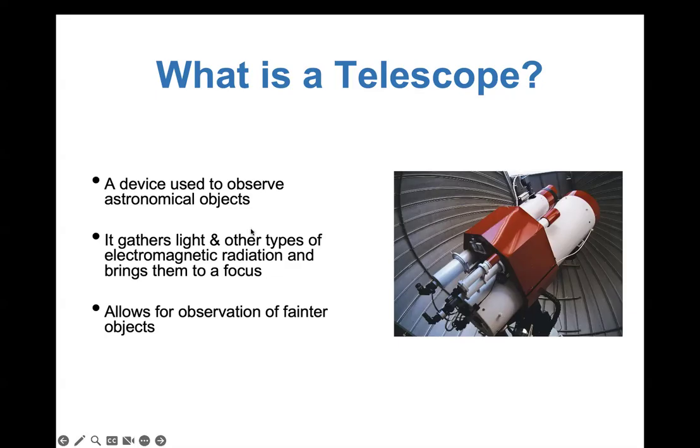We are looking at light and other types of electromagnetic radiation. Notice the terminology. There's no really agreed upon way, when we refer to light, whether we're talking about everything in the electromagnetic spectrum or not. I know that might be frustrating to some of you, but that's just the way it is.